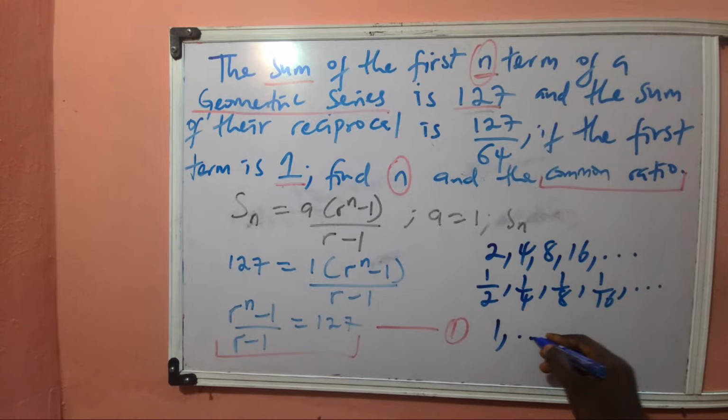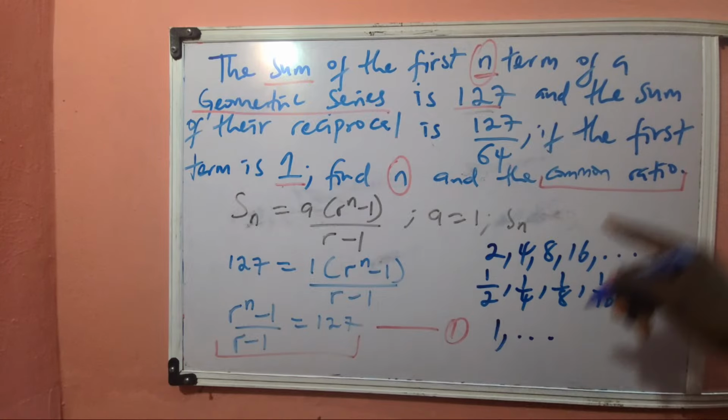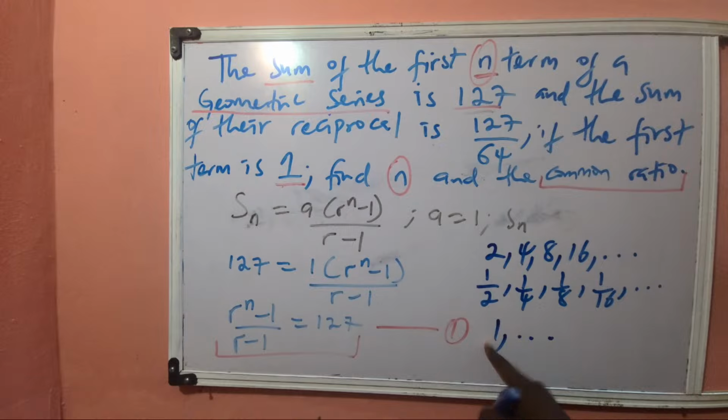We don't know the rest of the terms, but we know the very first term is 1. The reciprocal of 1 will always be 1 also. So for my reciprocal sequence, my A is still going to be 1 also. That's very important and vital.